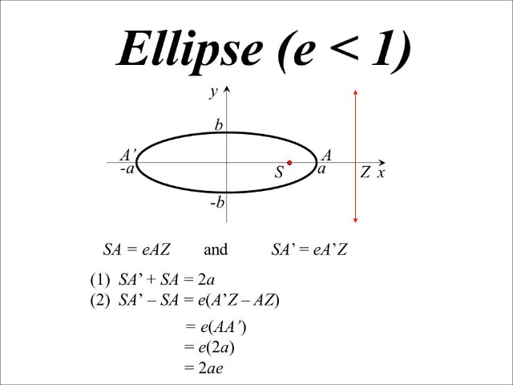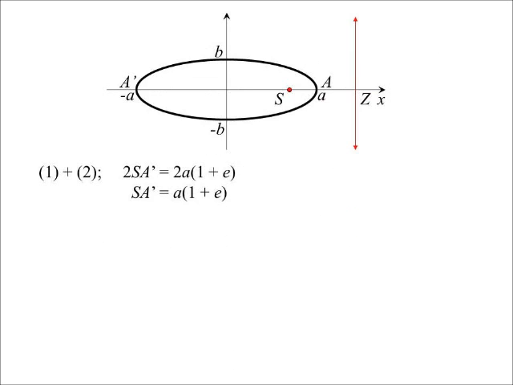So we've got eccentricity times 2a. What I've now done is create some simultaneous equations that I might be able to play with. So if I add them together, two lots of SA dash will be 2a(1 plus e). And if I subtract them, then I get two lots of SA is 2a(1 minus e).